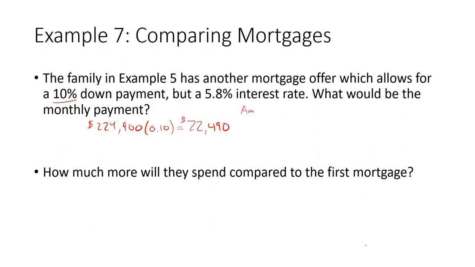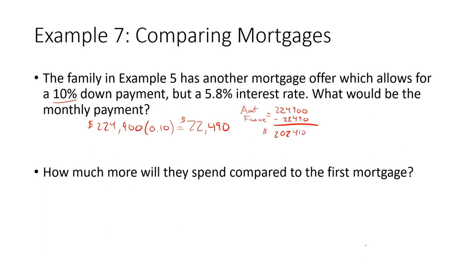So the amount that we're going to need to finance is going to be the difference between the home price, $224,900, and the down payment, $22,490. When we subtract the two, the finance amount is $202,410.